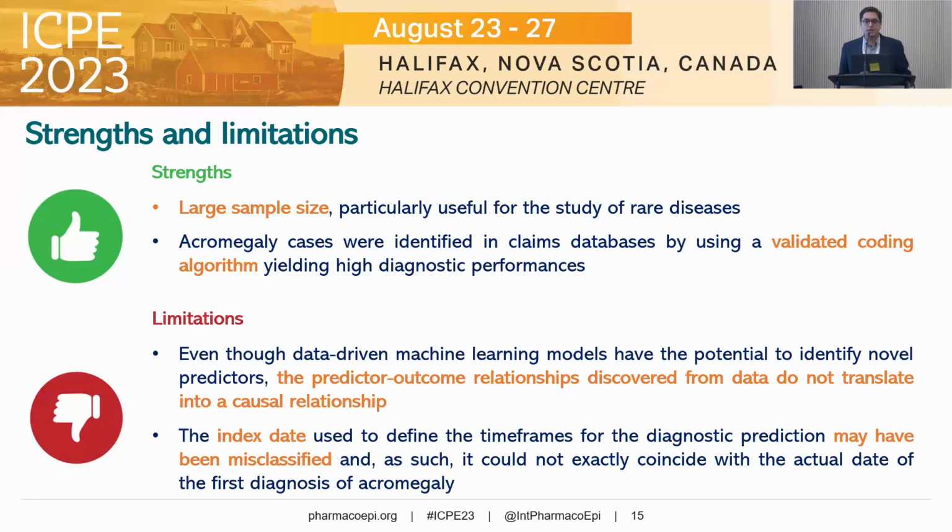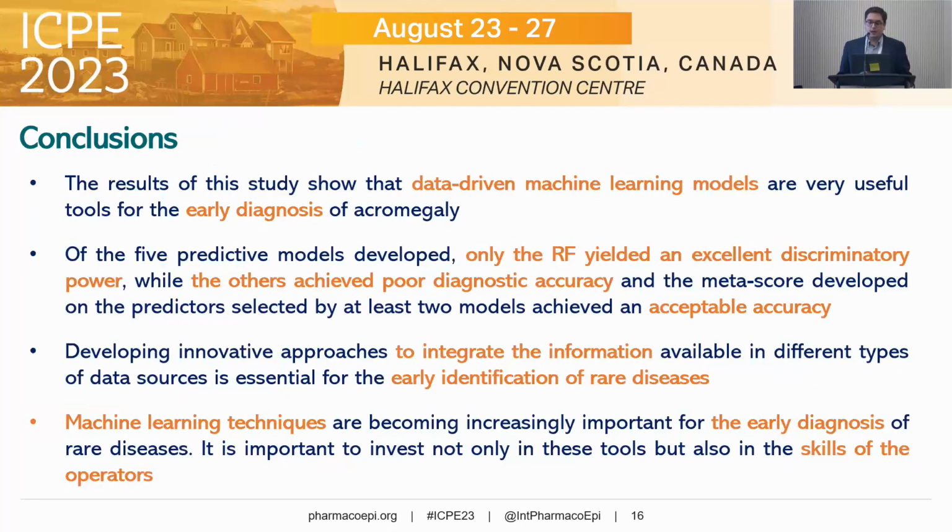As such, the index date that we use to define the time frame for the diagnostic prediction may have been misclassified, so it is possible that our index date does not exactly coincide with the actual date of the first diagnosis of acromegaly.